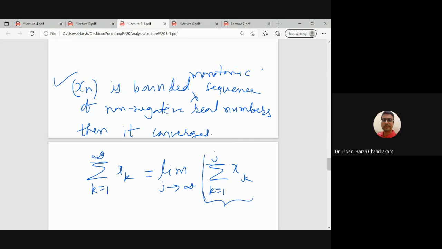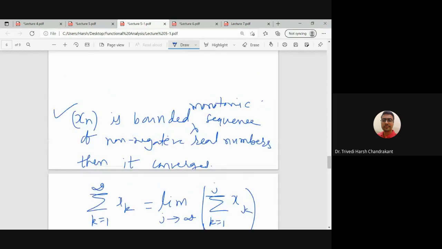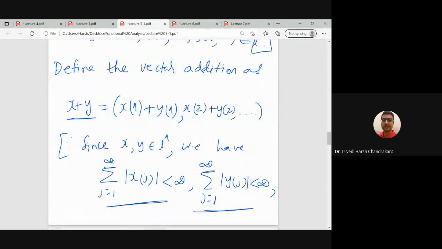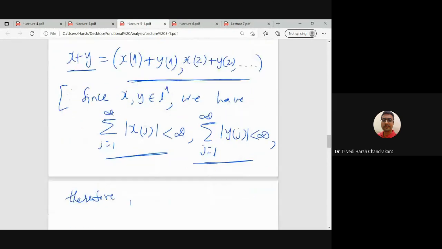So this is a partial sum, which corresponds to this sequence.